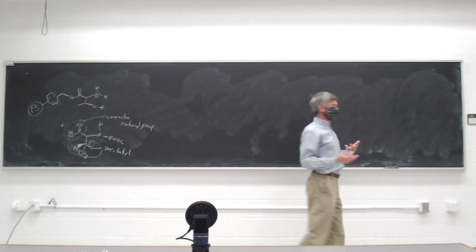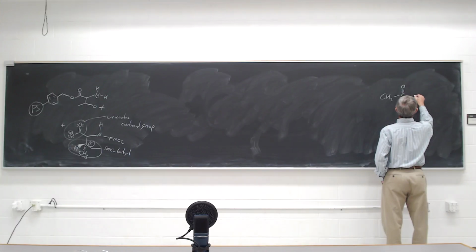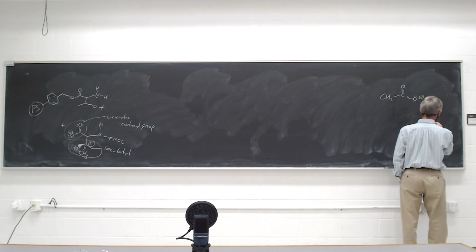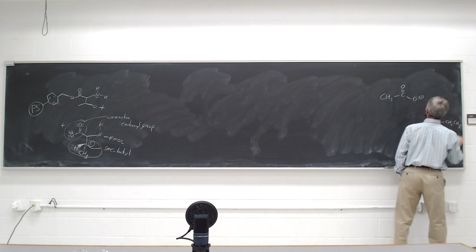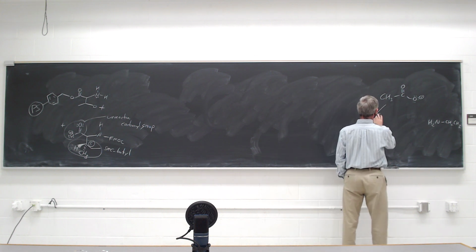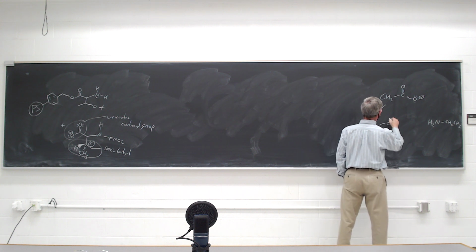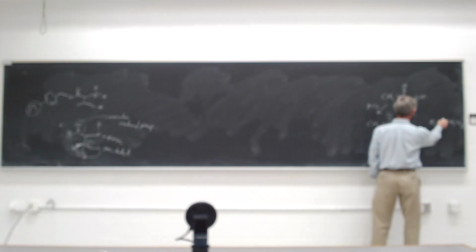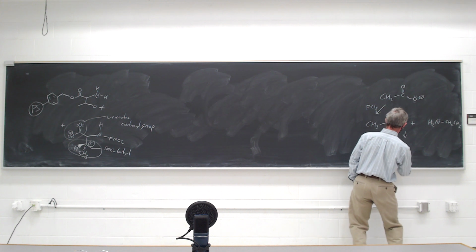If we were working with a simple alkyl group, and we had a carboxylic acid like that, and we wanted to react this with some kind of amine, what we would probably do is just convert that to the acid chloride. So we could treat this with PCl5 to make the acid chloride. And then we could treat that with the amine and make our amide.